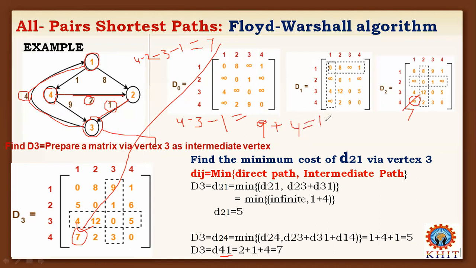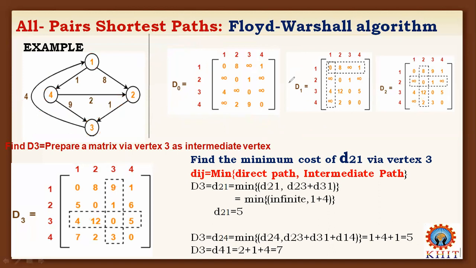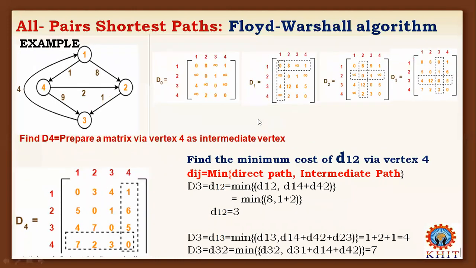The cost is 13. Now compare 13 with 7. Which one is minimum? 7 is minimum. Hence 7 replaces the infinity value. Hope you understood this. And the last one is to find the values of D4.